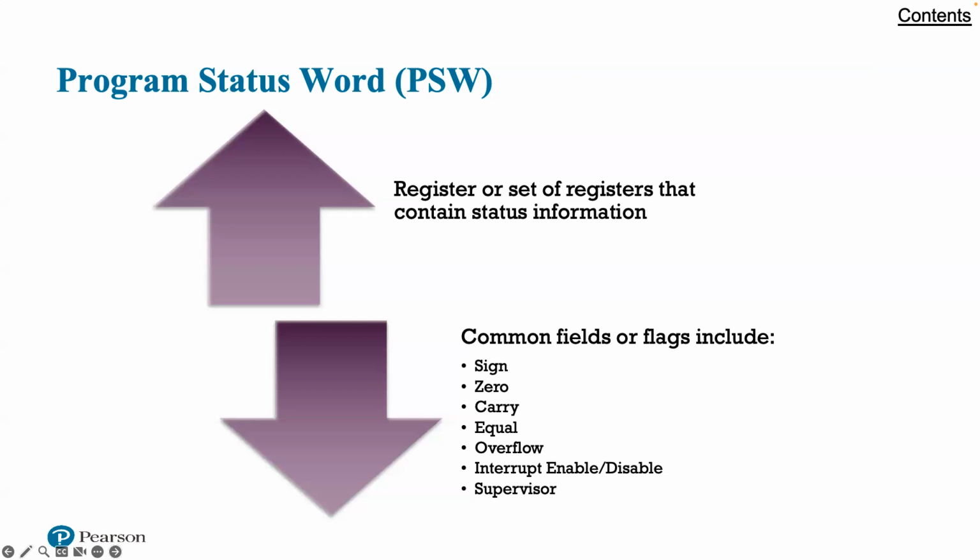Certain privileged instructions can be executed only in supervisor mode, and certain areas of memory can be accessed only in supervisor mode. A number of other registers related to status and control might be found in a particular processor design. There may be a pointer to a block of memory containing additional status information, for example, process control blocks.